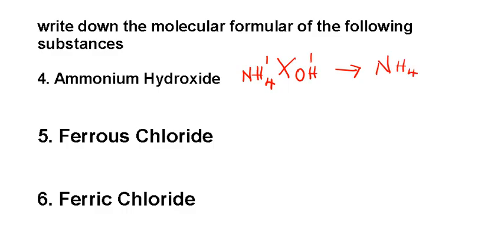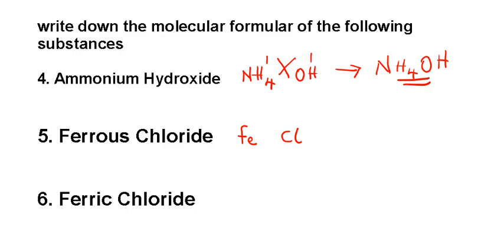So let's look at ferrous chloride. Ferrous is Fe, and we have chlorine, Cl. The valency of ferrous is 2, while that of chlorine is 1.